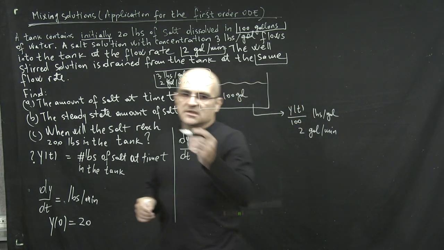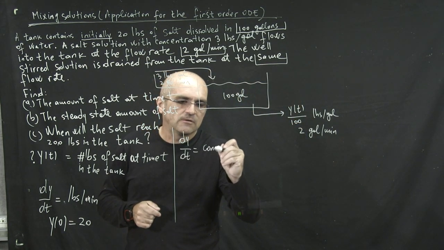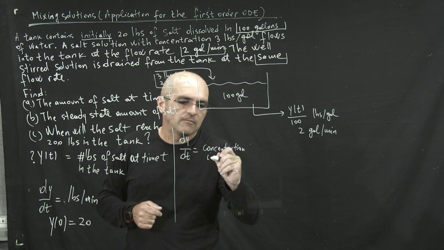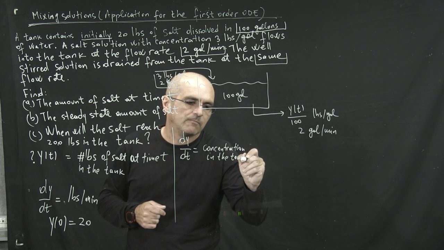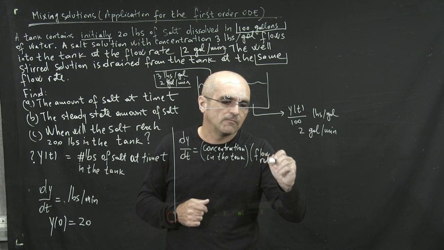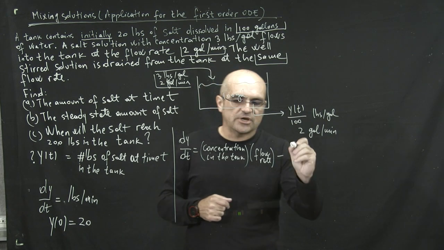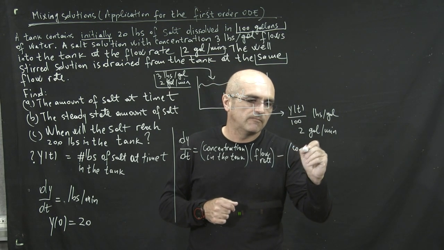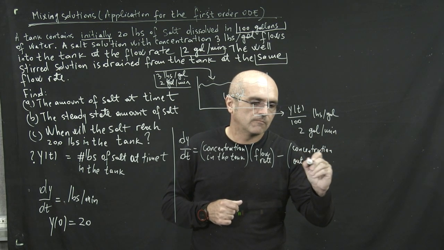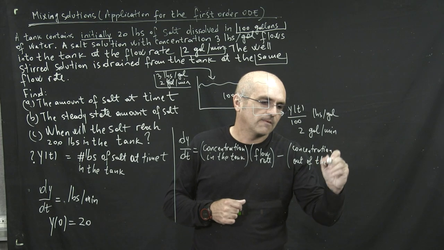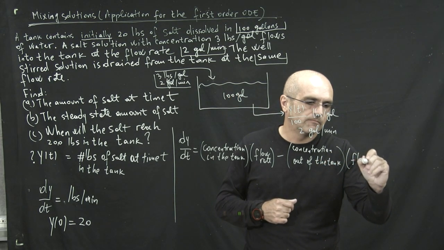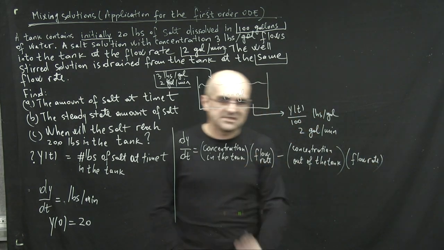So what comes in is the concentration in the tank times the flow, to which you subtract the concentration out of the tank times the flow rate out, which again in our problem is the same.